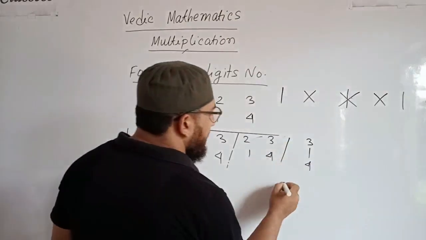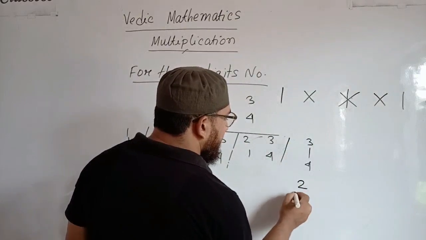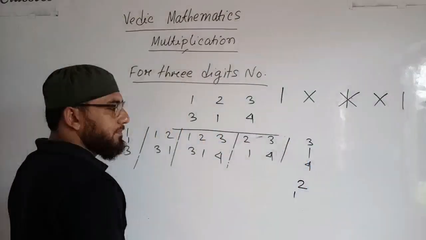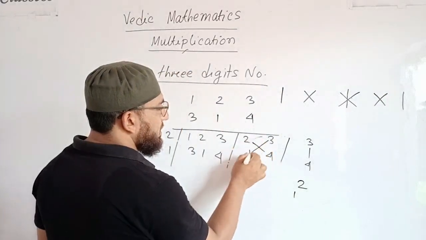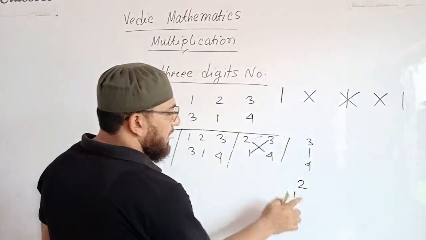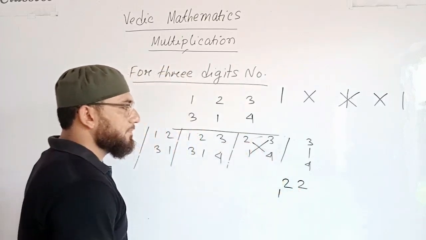So first, vertical multiplication here: 3 4s are 12, carry is 1, 2 4s are 8, 8, 3 1s are 3, 8 plus 3 is 11, carry is 1, so here will be 12, again carry 1.